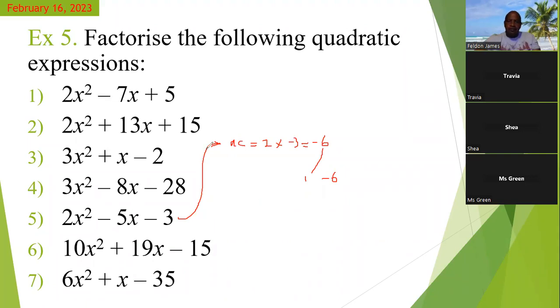Okay, so I have 2x squared plus 1x. All right, instead of saying 1x, we're just going to say x. Continue. Minus 6x minus 3.